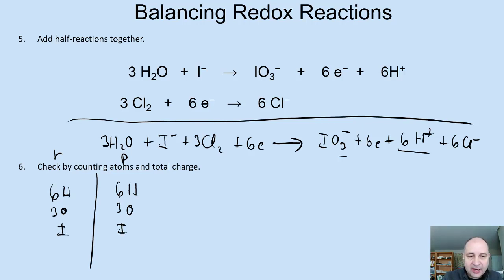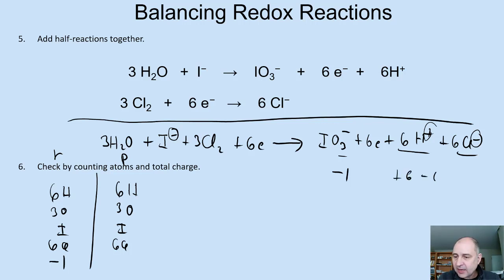And then looking at chlorine, 2 times 3, that's 6 chlorines, and 6 chlorines on the product side. And if you look at the charges, we have a -1 charge here. We have a -1 charge here, but we also have a +6 and a -6, so they cancel each other. So the overall charge on the product side is also -1. So that's balanced as well. You are done with this in acidic solution.